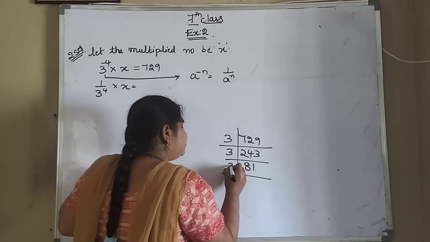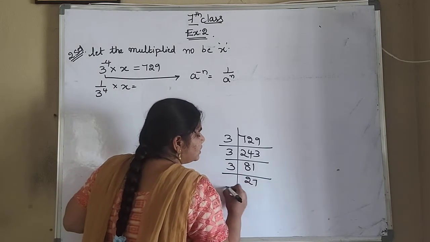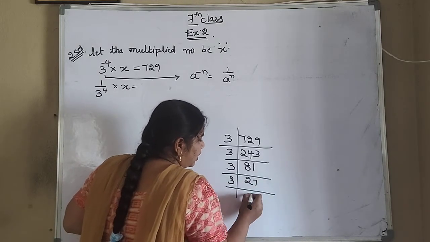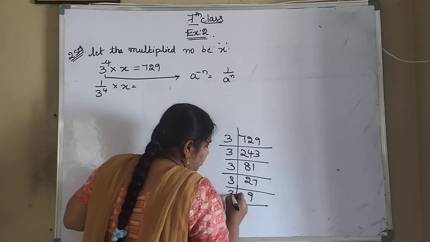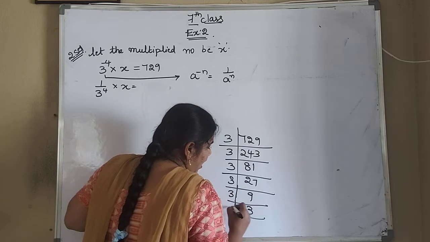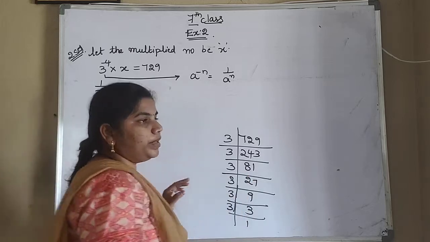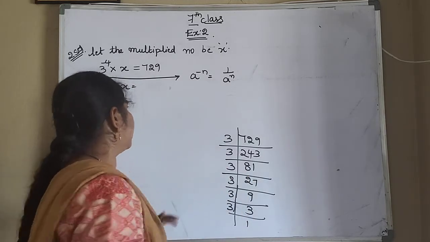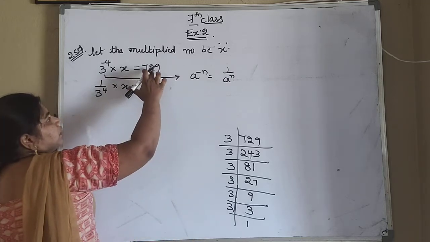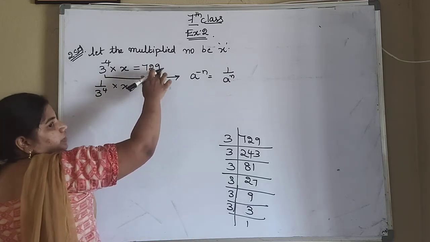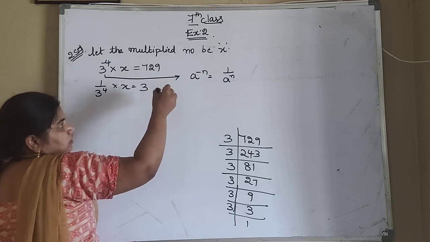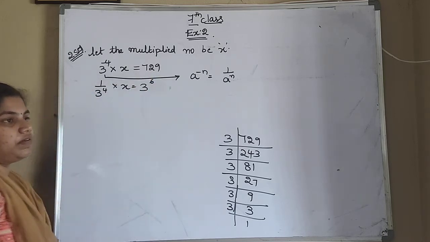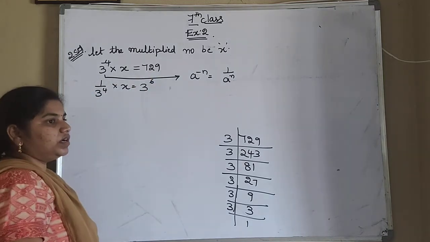Next, 3 27s are 81, 3 9s are 27, 3 3s are 9, and 3 1s are 3. So how many times have you multiplied 3? 1, 2, 3, 4, 5, 6. So we can write 729 in the form of 3 power 6.